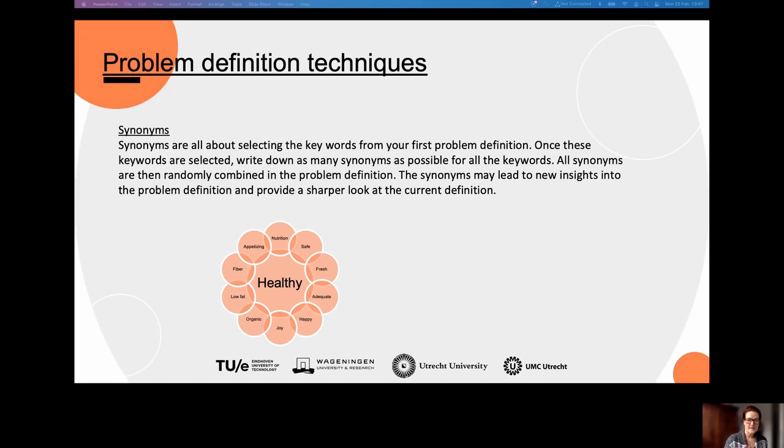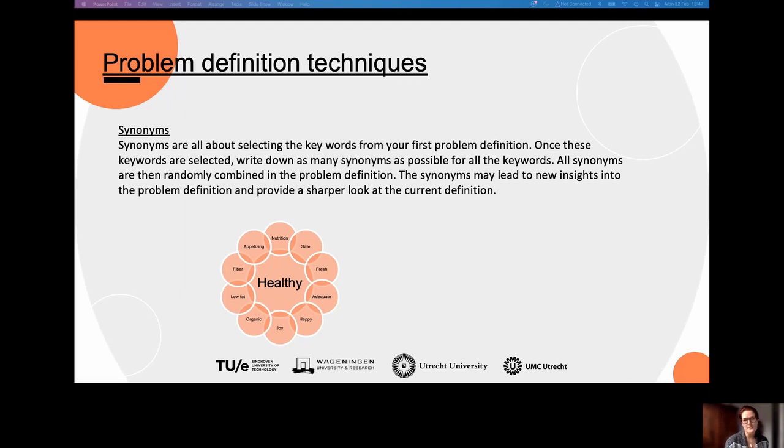So really try this technique. It's a very easy to use, fun technique, and it's also a way to look at your problem definition from all kinds of different synonyms, and it can help you maybe to refine your problem definition.